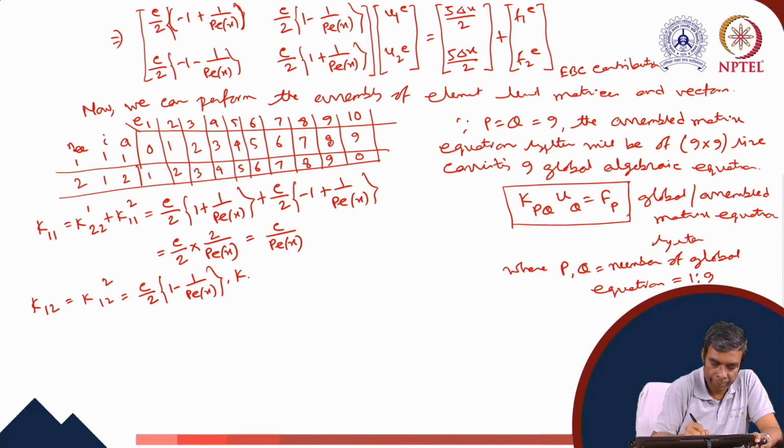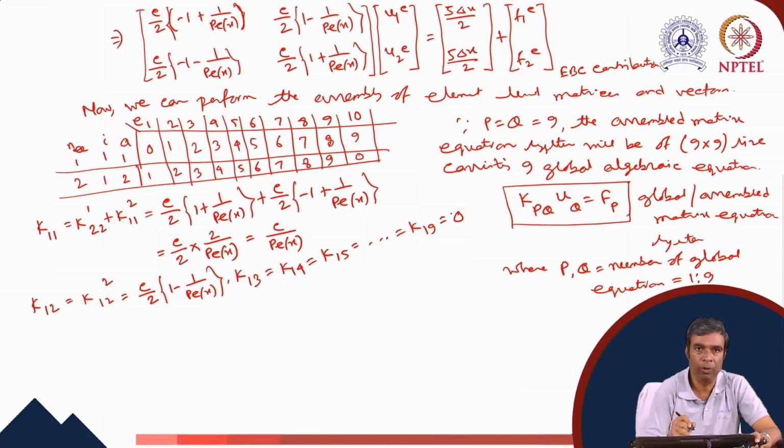So K13 equals K14 equals K15 up to K19, giving us 0. So in the first equation we shall have only two terms that are non-zero. It indicates that certainly the assembled matrix is heavily sparse.